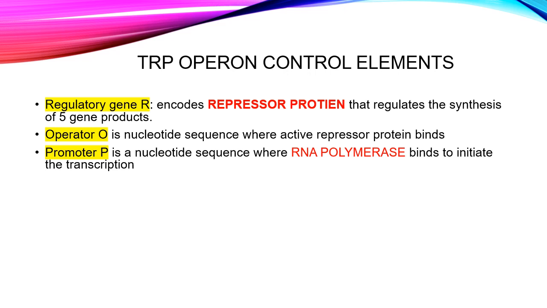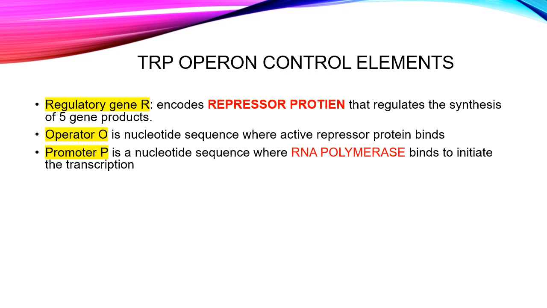This repressor protein in turn regulates the synthesis of the enzymes by the five genes. It controls the functions of the five genes, that is trp A, B, C, D, and E. So what is the function of this repressor protein? It controls or regulates the functions of the five structural genes.